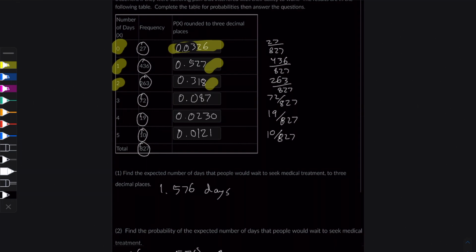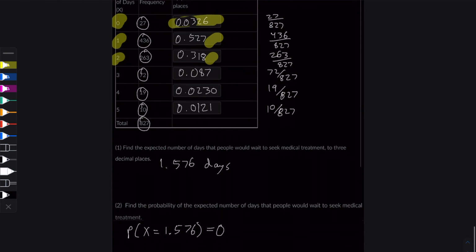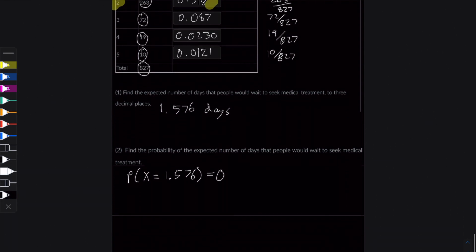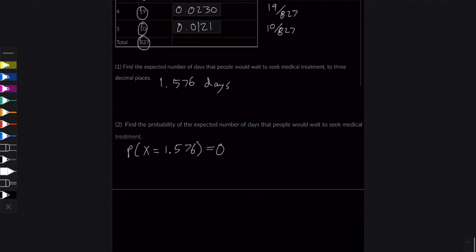That's just what we found as the expected value. That doesn't mean that that's a value that's actually possible to get. That just means if you average all of them together, that's what you're going to get. So usually in a discrete distribution, the probability of the expected value is 0, just like in this problem, because it doesn't occur in the outcomes.